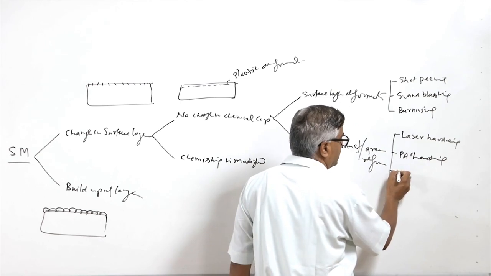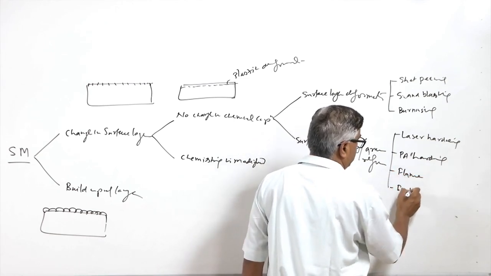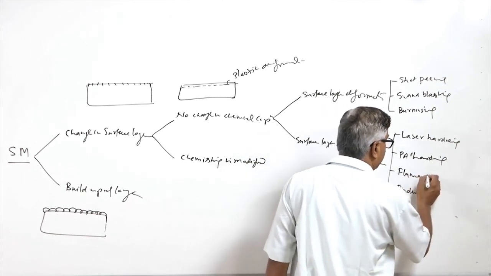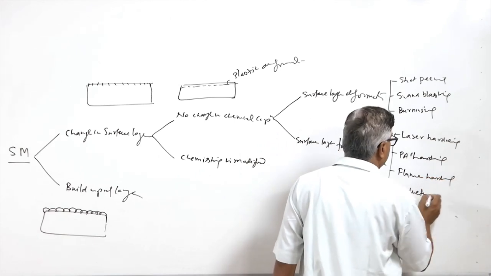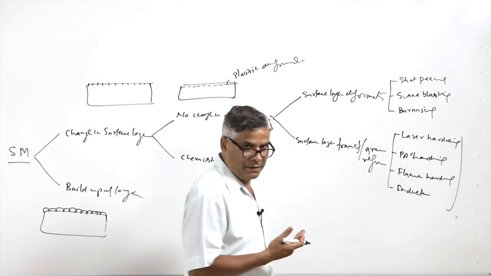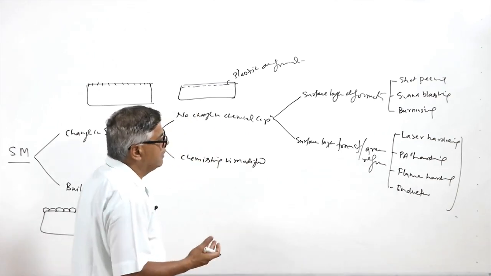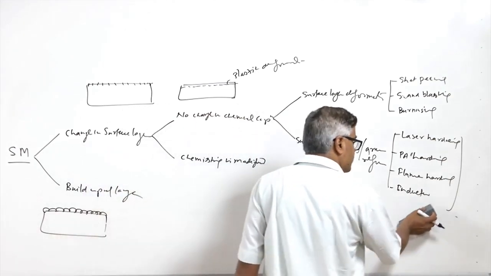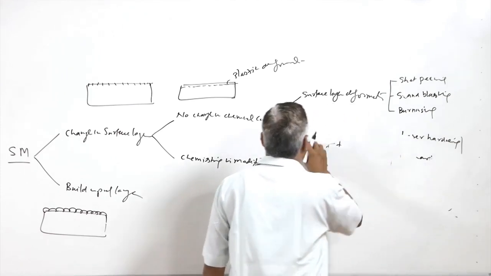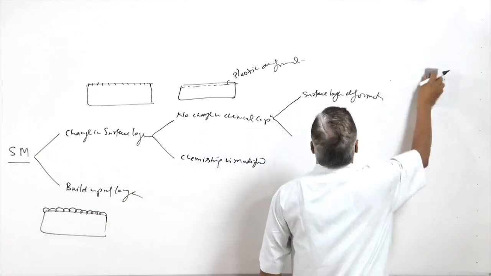Then there is flame and induction hardening, where the current is induced and surface layers get hardened, and flame hardening. So these are the methods wherein either phase transformation or grain refinement facilitates the hardening of the grain structure. We will be talking about these techniques in detail subsequently.